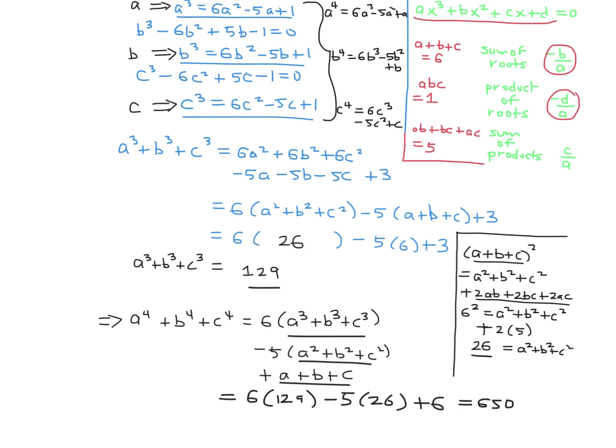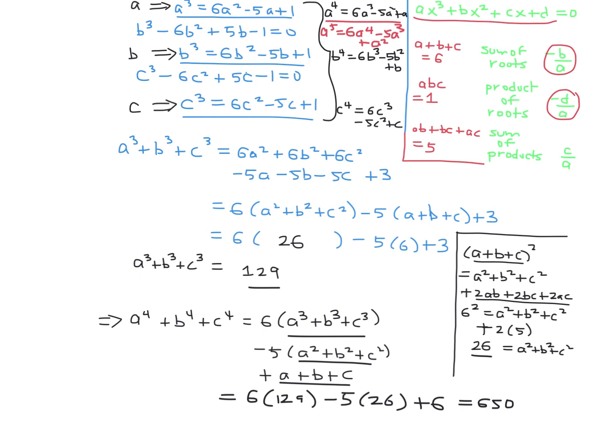Okay, we're very close. We just have to do the power of 5s now. To get the power of 5s, you do the exact same thing. You take these guys and you multiply through by a, b, and c respectively. So this becomes a to the power of 5 equals 6a to the power of 4 minus 5a to the power of 3 plus a to the power of 2, right?